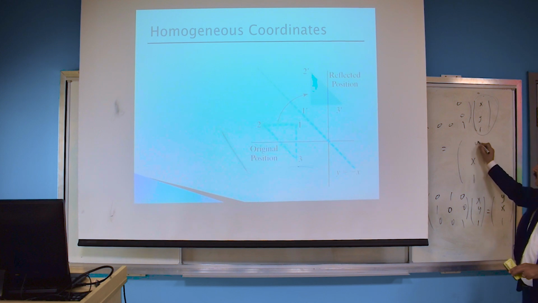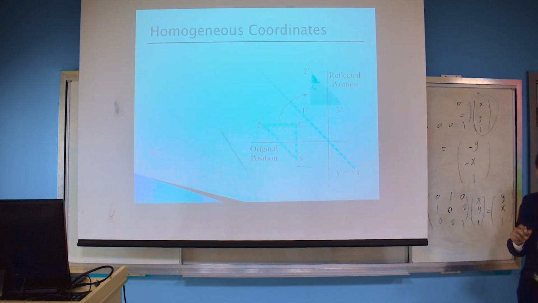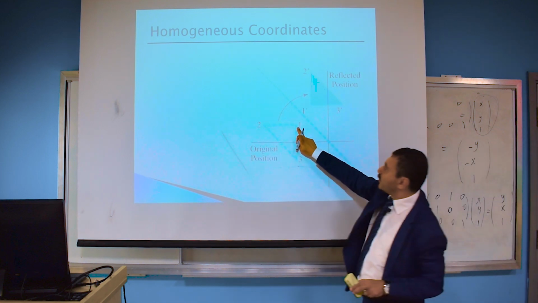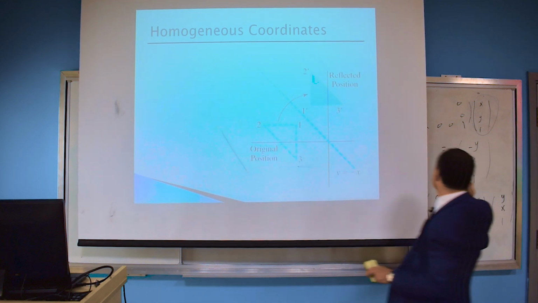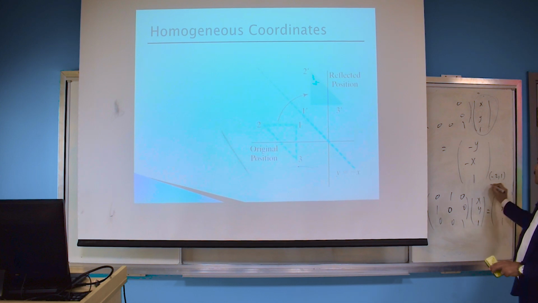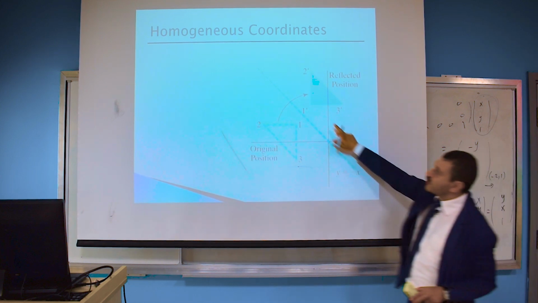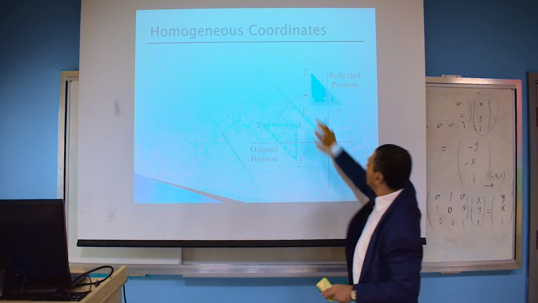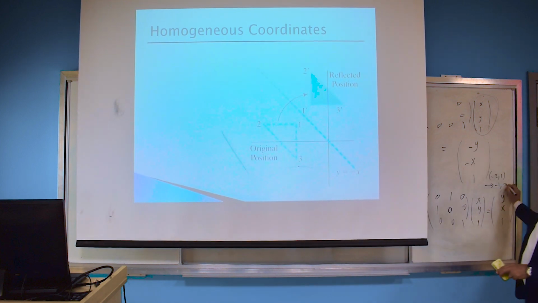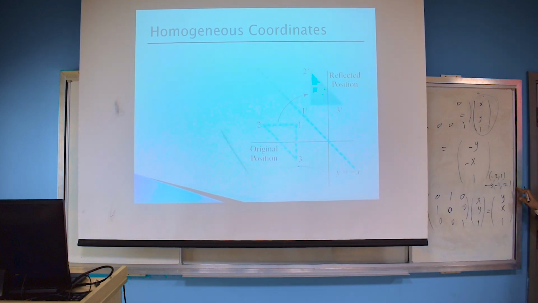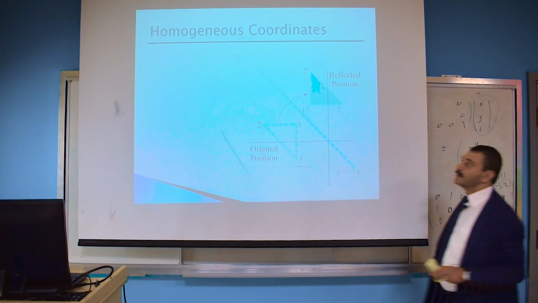You'll get x and y swapped and the sign changed, right? For example, if this point is negative 2 and 1, it would be transformed to this point, which is negative 1 and 2. So x and y swapped, and they changed their sign.